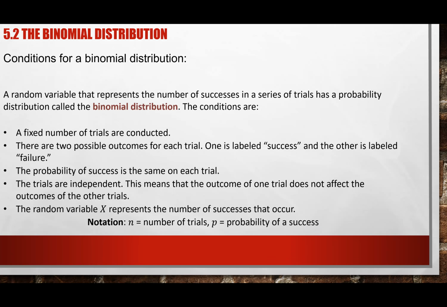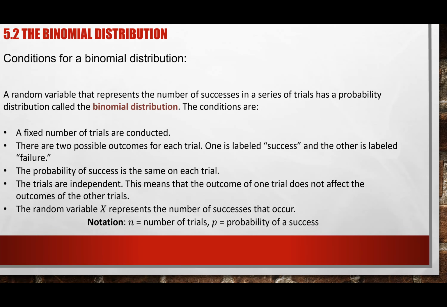You have to know the total number of experiments we have. And in each experiment, you will have only 2 outcomes, a success or a failure. In my case, you either have a true or a false answer.